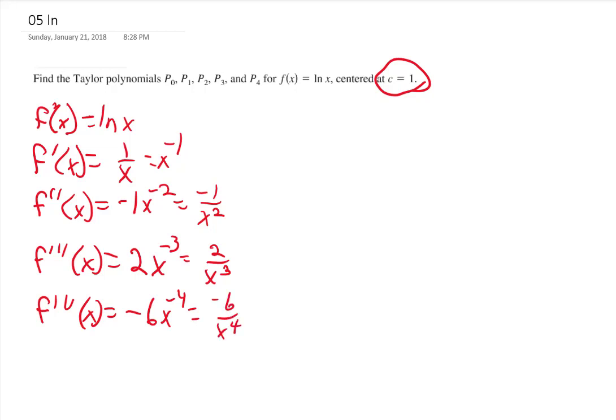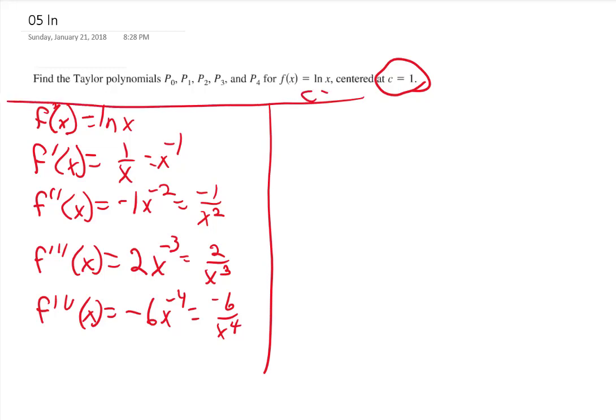And oftentimes we can see a pattern to these. We're not going to worry about that pattern right now, but we're just going to leave it just like that. Well, we need to know those function values and those derivatives, but we also need to know those function values at 1 because we're centered at 1. Well, the natural log at 1 is 0.